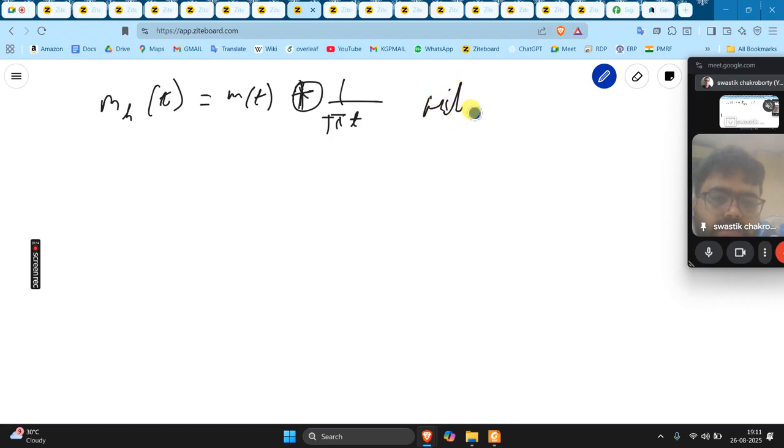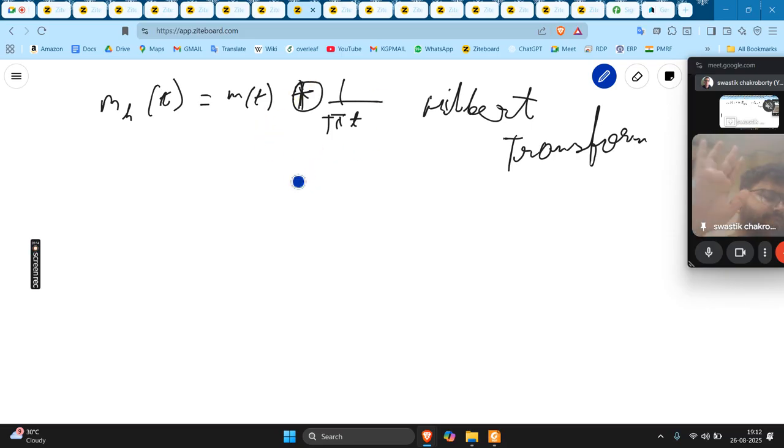This is the first principle definition. For sinusoids, it simplifies to addition or subtraction of 90 degrees of phase, so the phase shift by 90 degrees is a special case for sinusoids. The generalized Hilbert transform is defined as m(t) convolved with 1 by pi t.